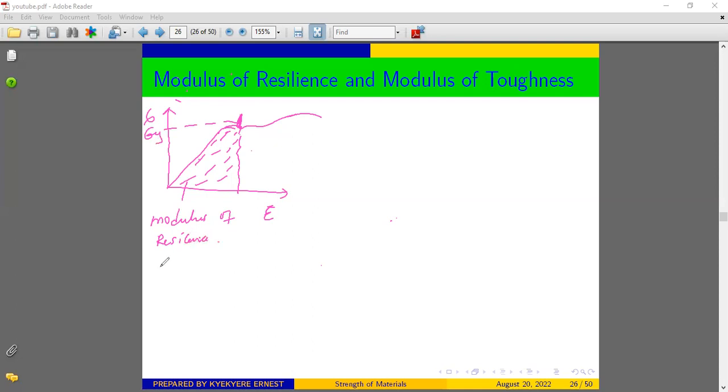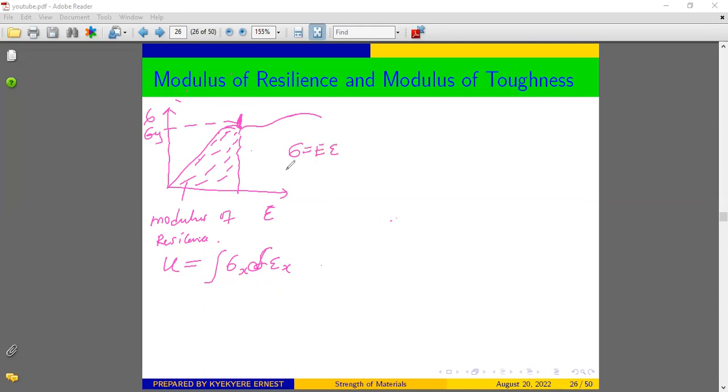So from here, we can say that our strain energy is equal to, don't forget that you have already derived that it is going to be the stress times the strain. We have already derived this. And from here, we know that the stress is related to the strain up to the elastic region by this formula.